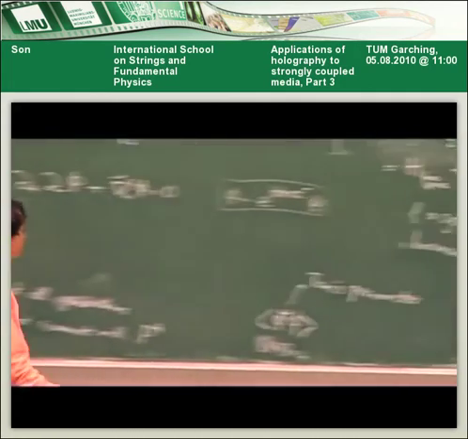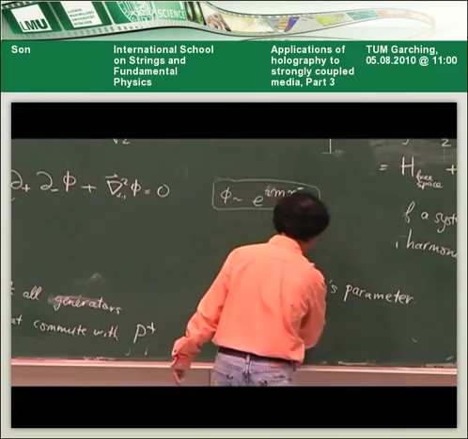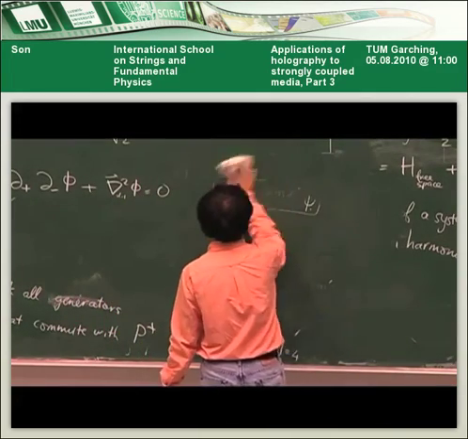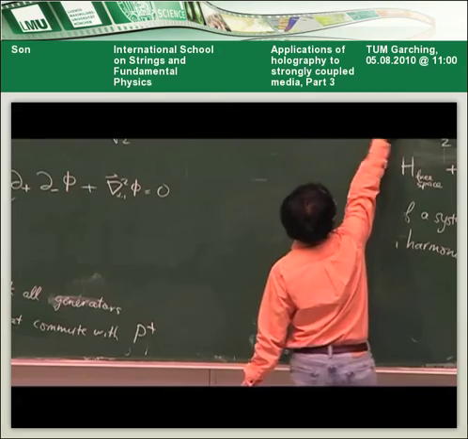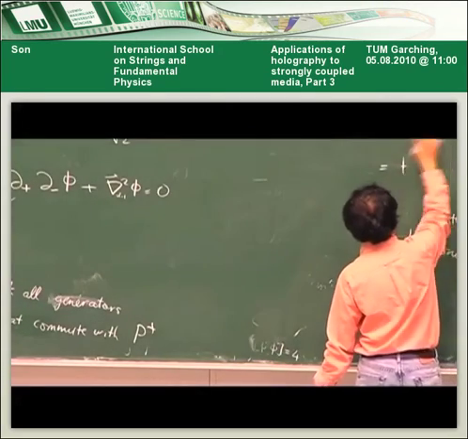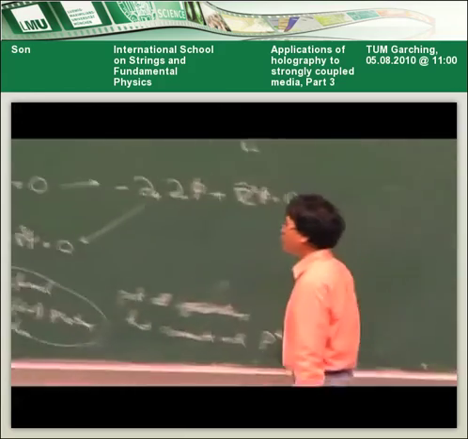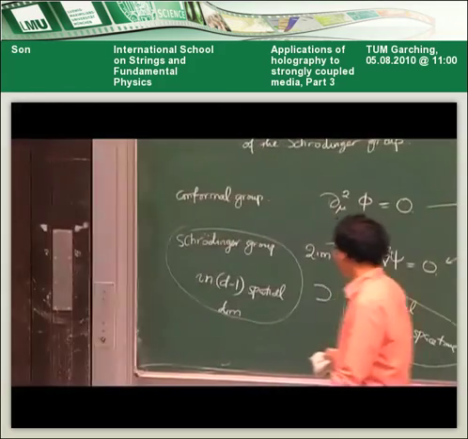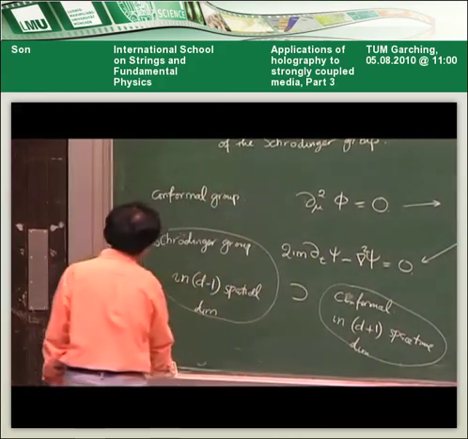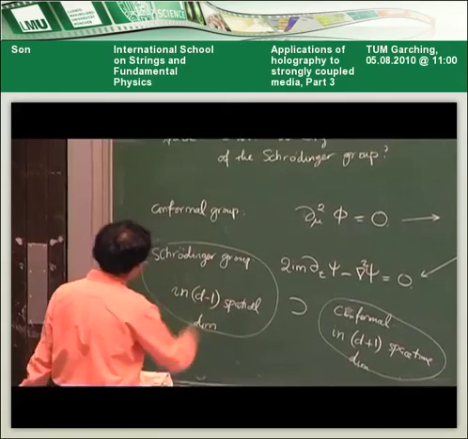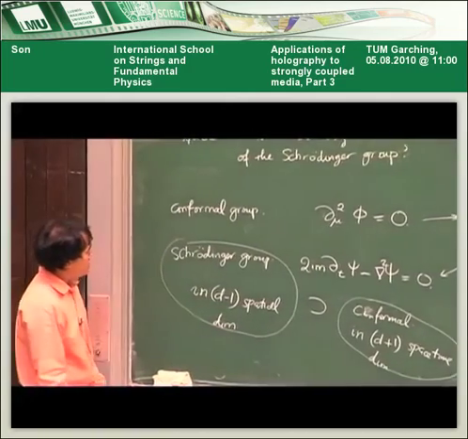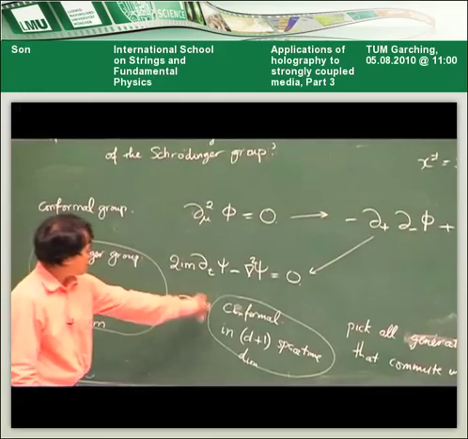Okay. So then it is rather straightforward to at least write down a space-time that would realize the Schrödinger group. If you want to realize the Schrödinger group in D-1 spatial dimensions, we can first realize this conformal group.